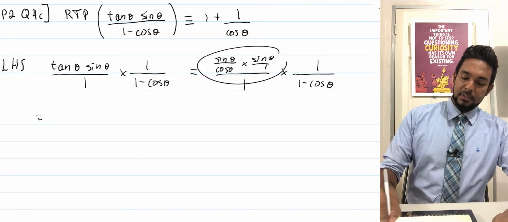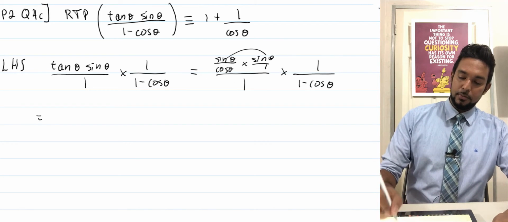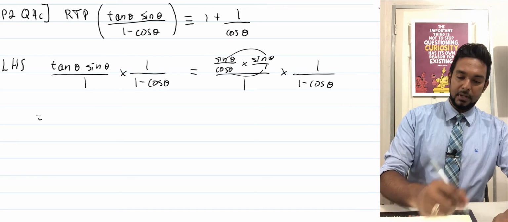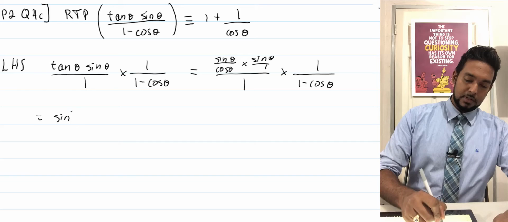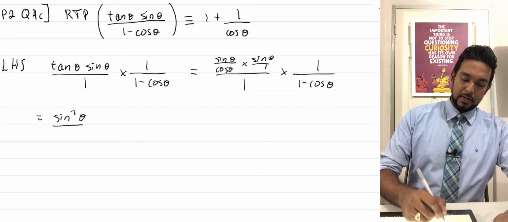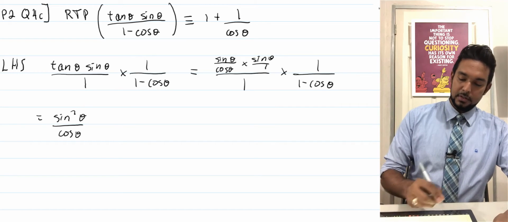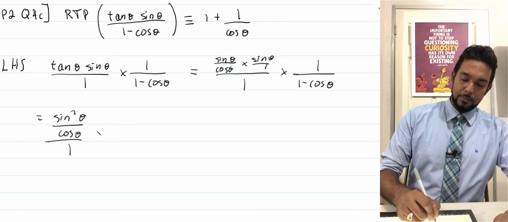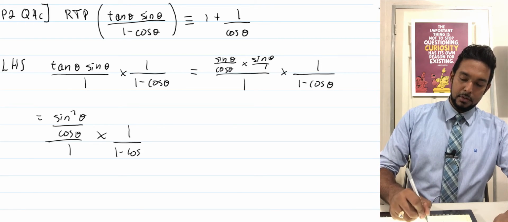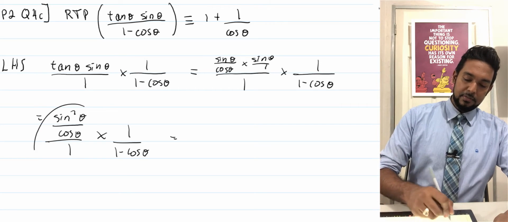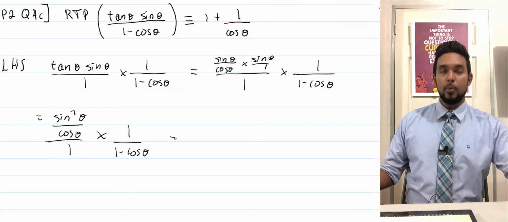So here now, when you're multiplying fractions, you multiply numerators by numerators and denominator by denominator. So what's sine theta by sine theta? Sine squared theta. And you're going to get that over cos theta. Now that is over 1, and we're multiplying by 1 over 1 minus cos theta. Now we can simplify this item by simply dropping the over 1, right?